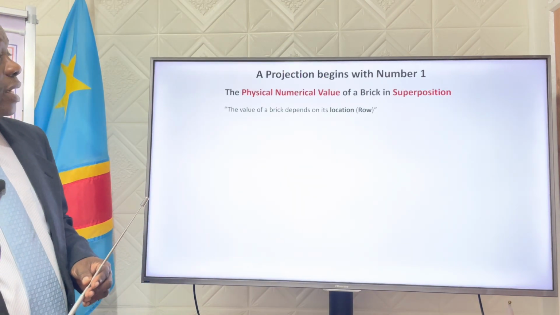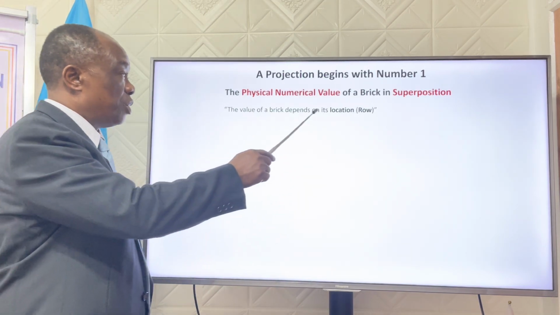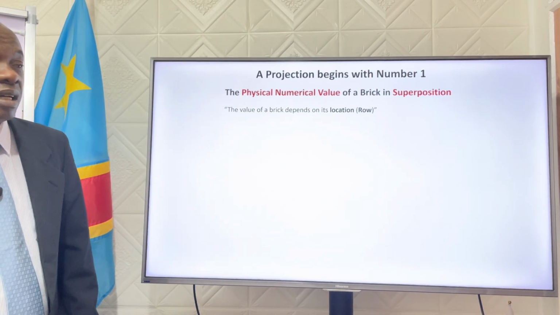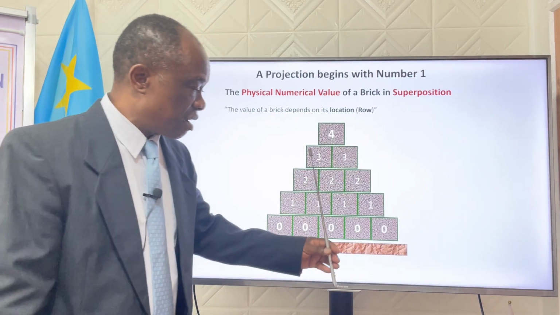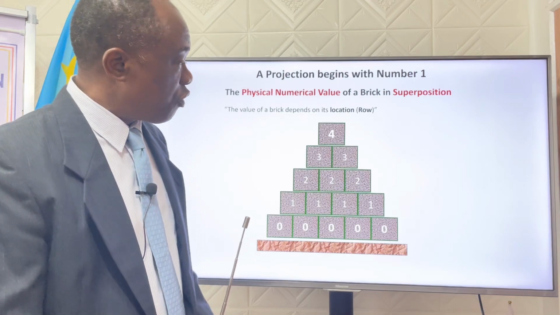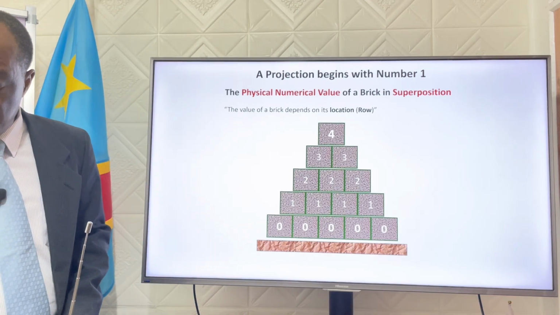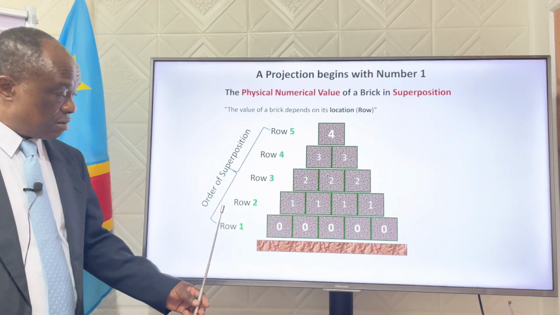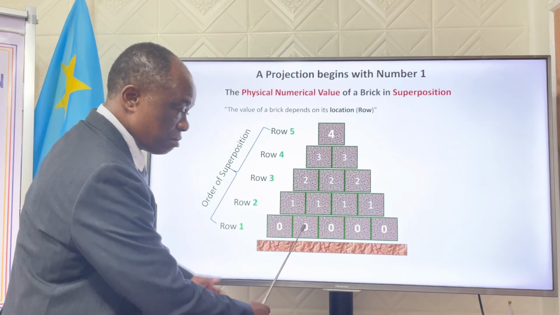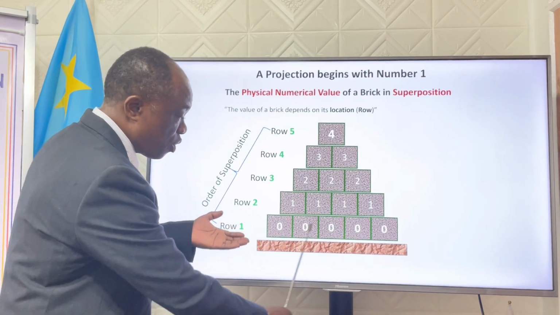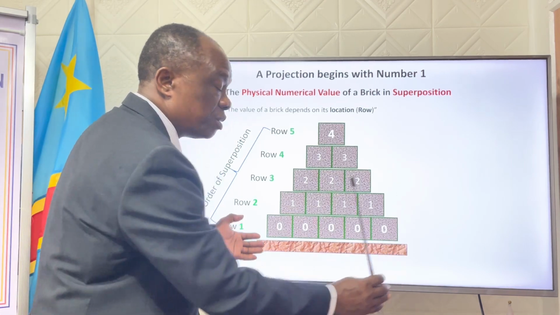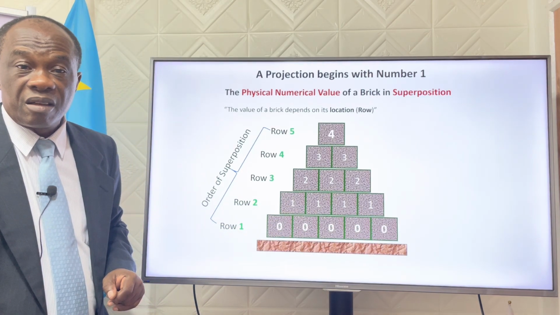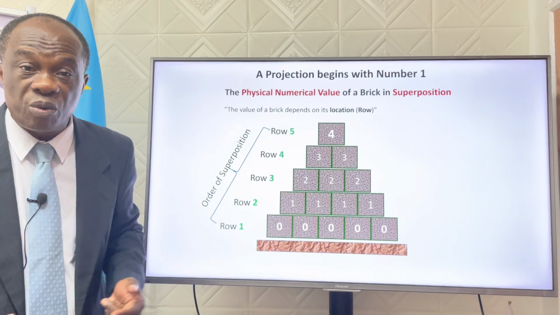Now we can know the numerical value of the brick, the physical numerical value of the brick. So again, when we consider the order of the rows, all these bricks should be 1. Row number 1, meaning they all have the same value because they are on row number 1. That's in our conventional way of thinking.